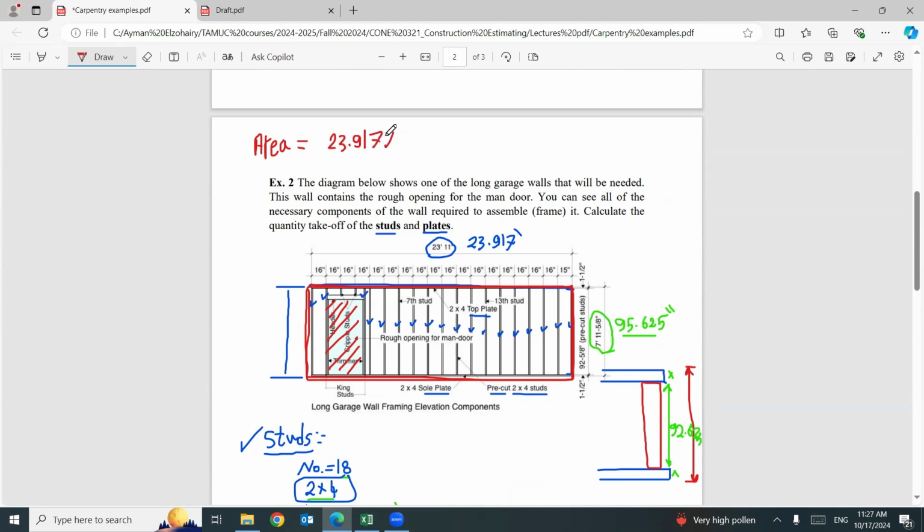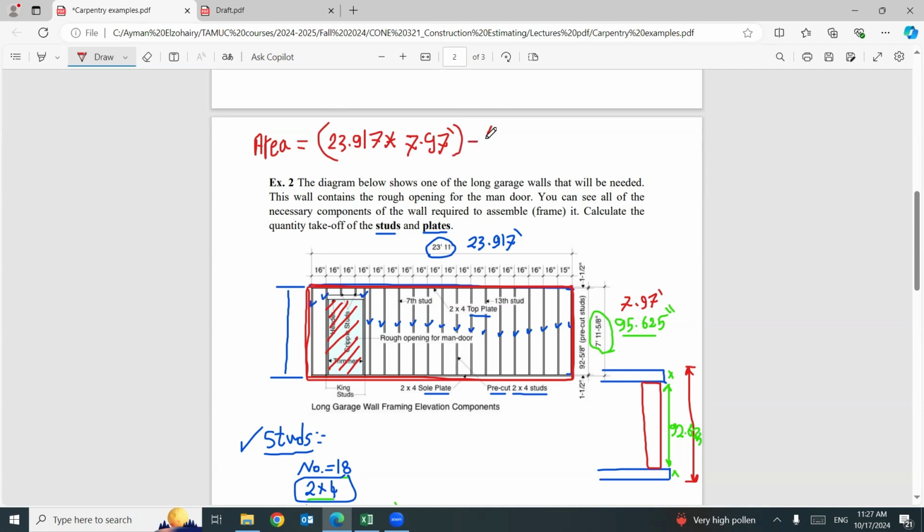So the area equals 23.917 times the total height, which is 7.97 feet. This is the total surface area of the wall.